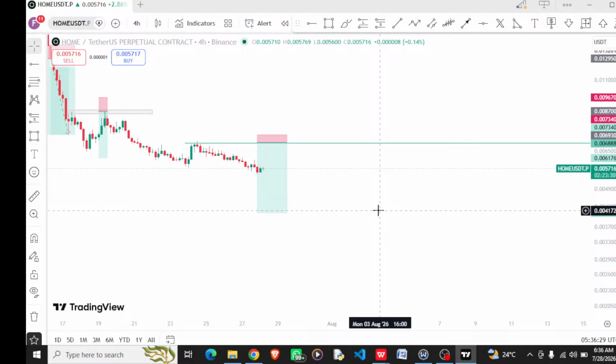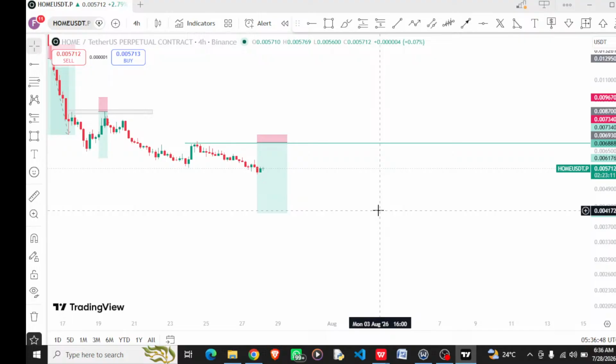Number two, you have to confirm that, you have to use your lower time frame, because I use weekly, 4 hour, and 15 minutes for my entry, and sometimes I use 5 minutes depending on how the market reacts.